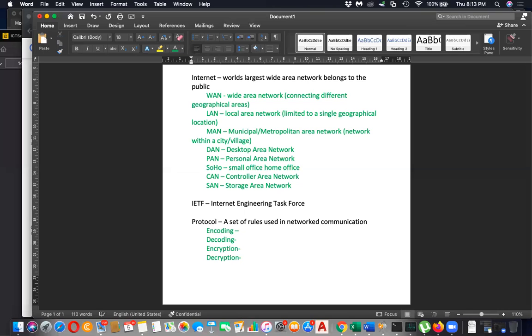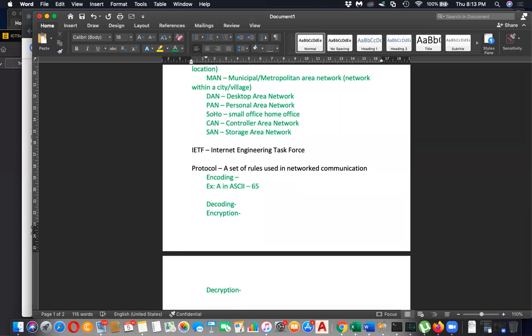For example, the letter A. In ASCII, American Standard Code for Information Interchange, this is 65. A in ASCII is 65. That is encoding. So we have given a value to A in ASCII.